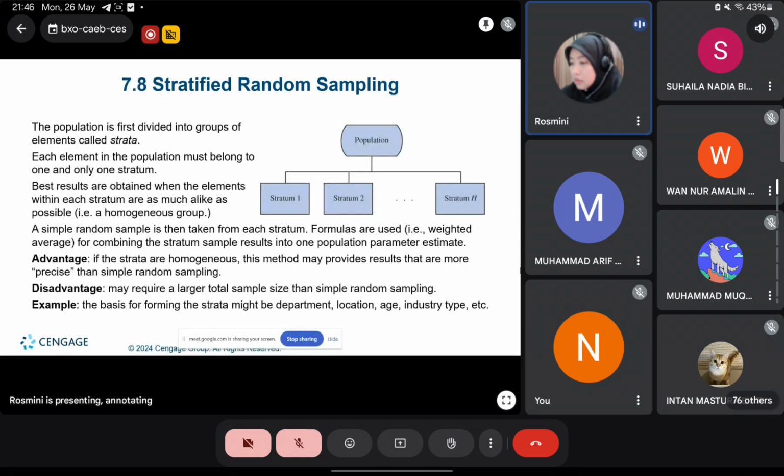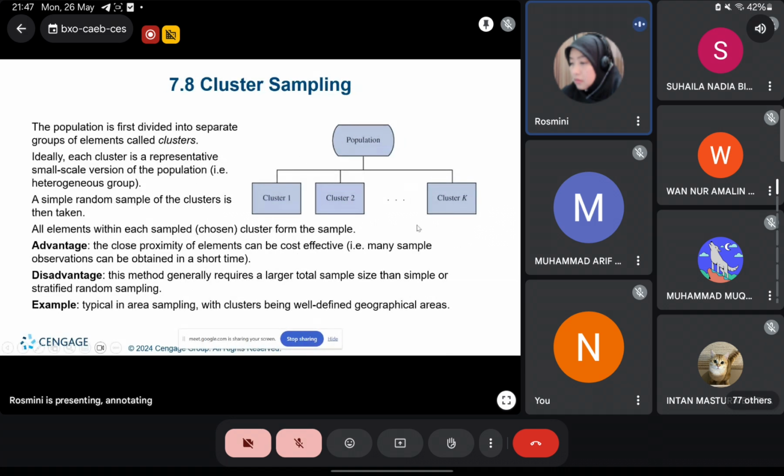You will separate between those who live in rural areas and those who live in the city. Our assumption is that those in the city will have better equipment or gadgets compared to those in rural areas. So you separate that. That will be stratified sampling.